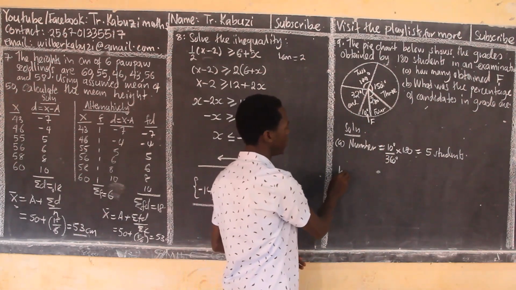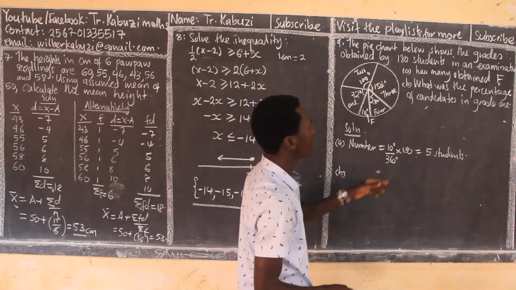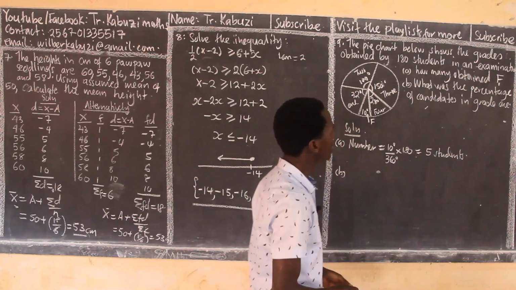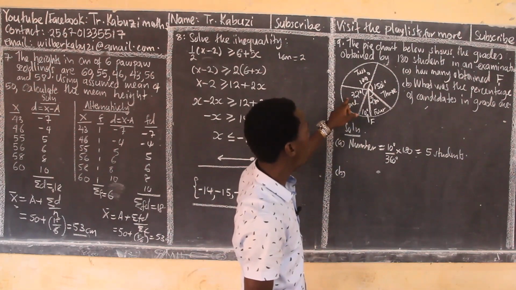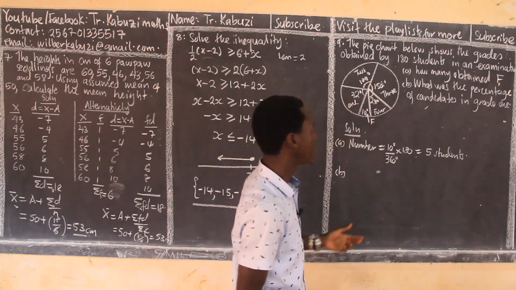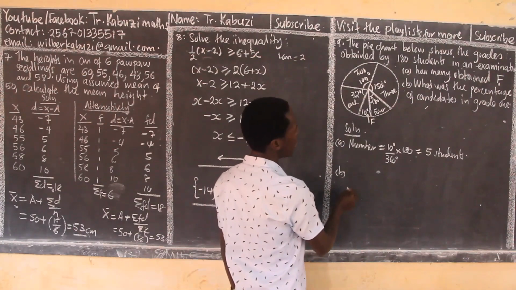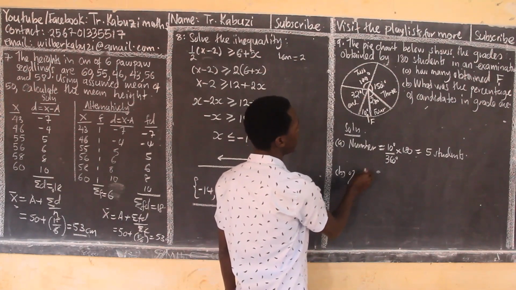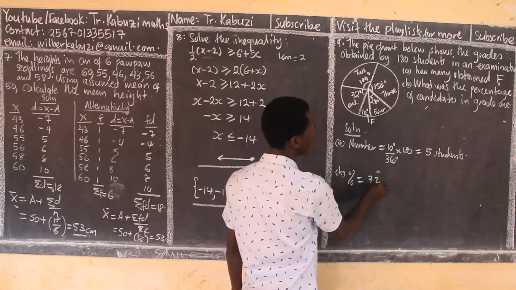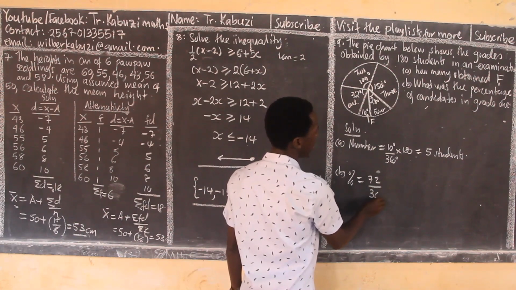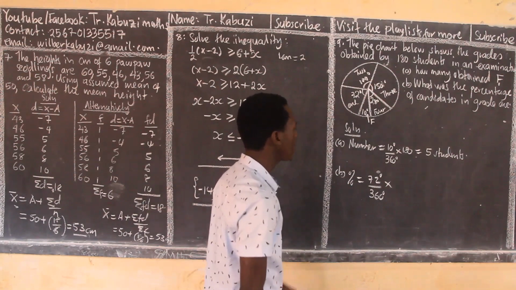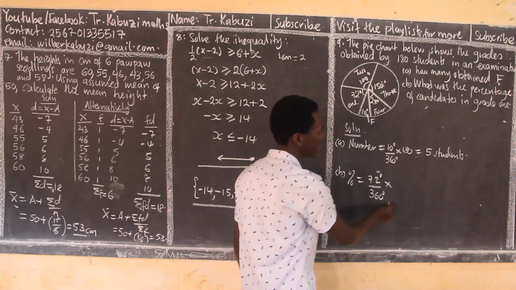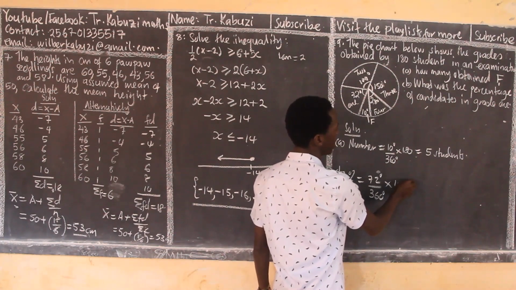So we come now to B, where B says, what was the percentage of candidates in grade 1? Now look at our grade 1. Our grade 1 is here. There are 2 alternatives here. You can say the percentage is going to be 72 over the number of degrees, which is 360, then we convert this to a percentage times 100.